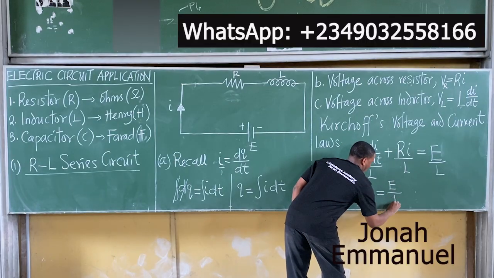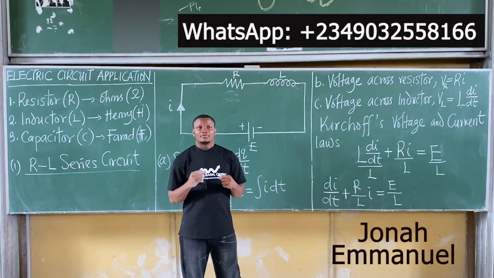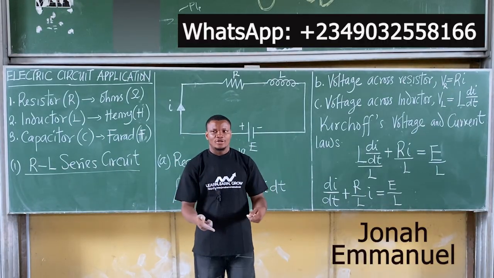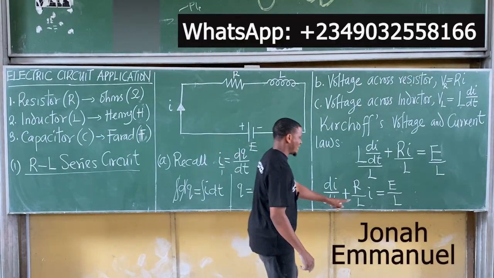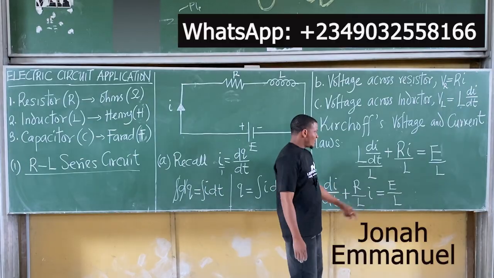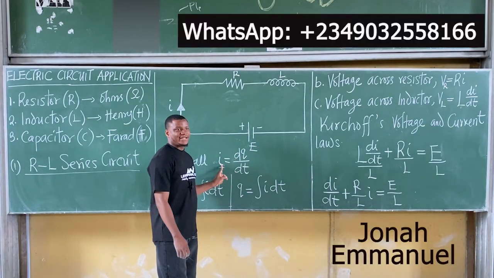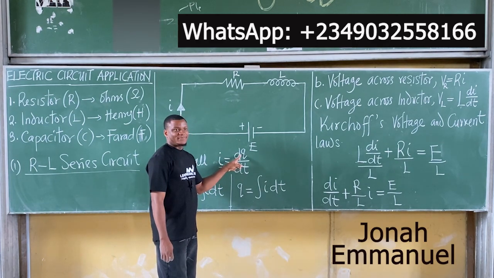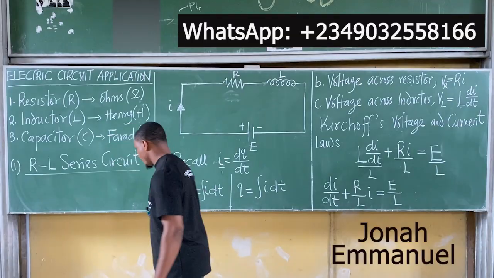E all over L. I now have a first order non-homogeneous ordinary differential equation in terms of what there? I, the current. So please note that the relation between current and charge is that current is equal to charge per unit time. All right, let's solve this.